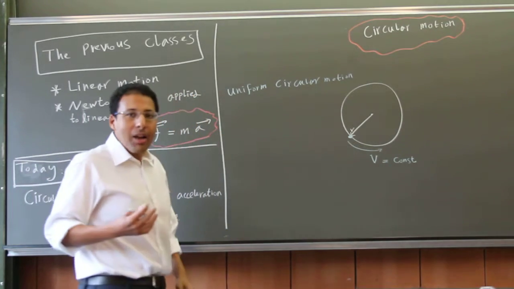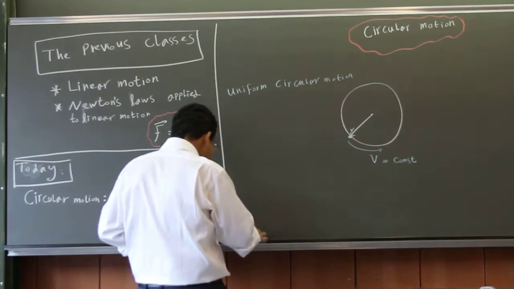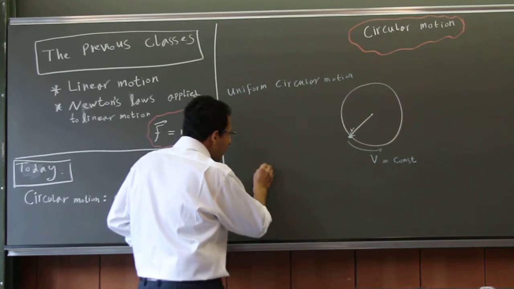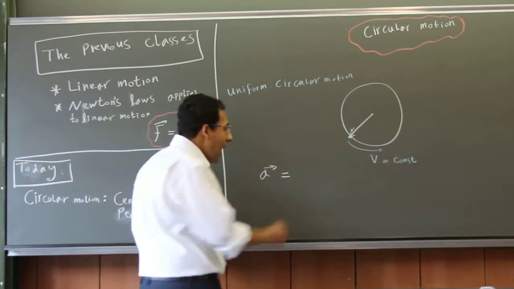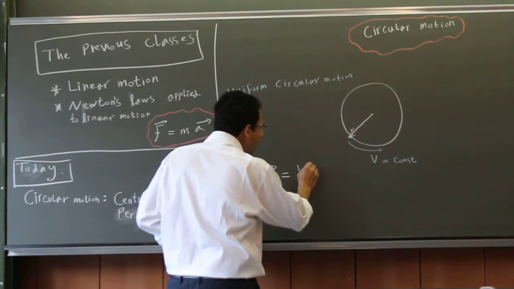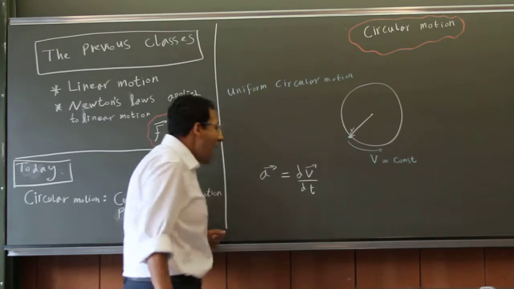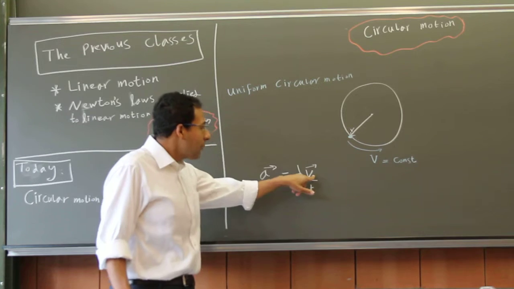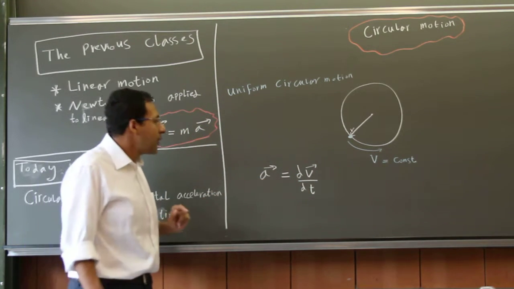Because, as we discussed previously, the acceleration is a vector quantity, and it is defined as the rate of change of the velocity with respect to time, and both the velocity and the acceleration are vector quantities.